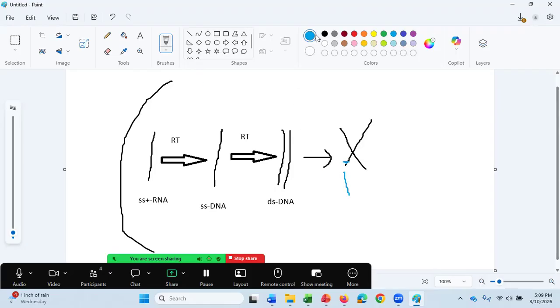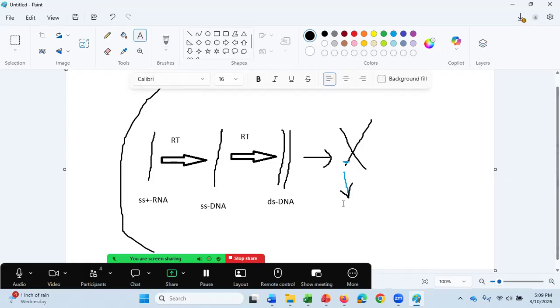Oops, wrong color. Well, good enough. It will make retroviral RNA, and this will serve as messenger RNA, viral messenger RNA, which will then go into the cytoplasm.